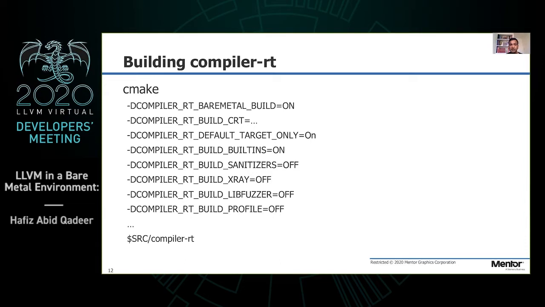Then compiler RT build CRT tells CMake whether to build CRT files or not. These files include the crtbegin and crtend type files. The rest of the variables are quite self-explanatory. I was building only the builtins in compiler RT. So I have enabled the build using compiler RT build builtins, and the rest, sanitizer, XRay, libfuzzer and profile, are set to off.